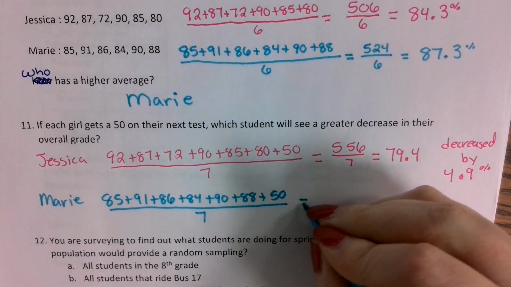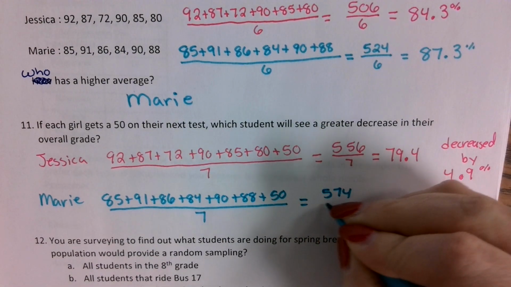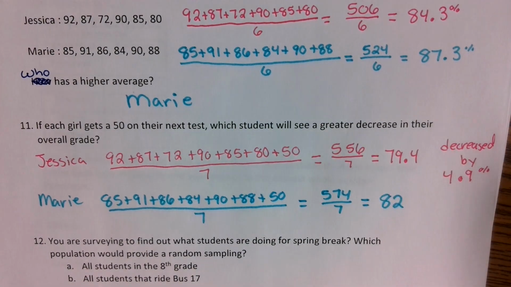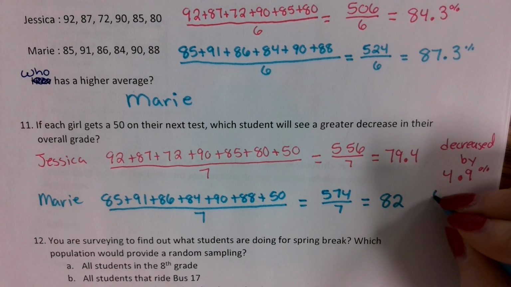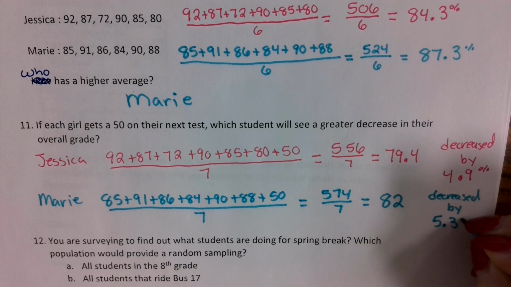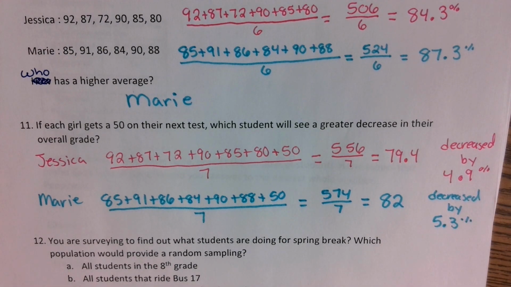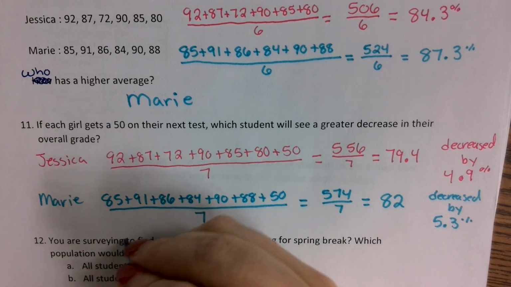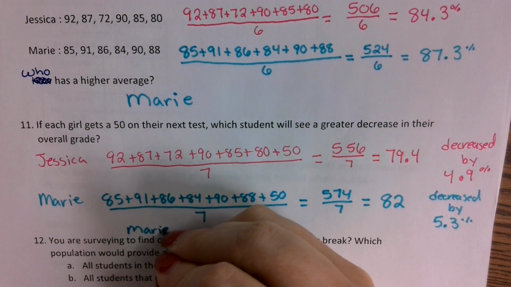When we add all of it together, we're going to get 574, divided by 7 comes out to an 82. So Marie decreased, and she decreased by 5.3%. So she has a larger decrease. Even though her score is still higher than Jessica's, she showed a bigger drop in her score. So Marie decreased more.